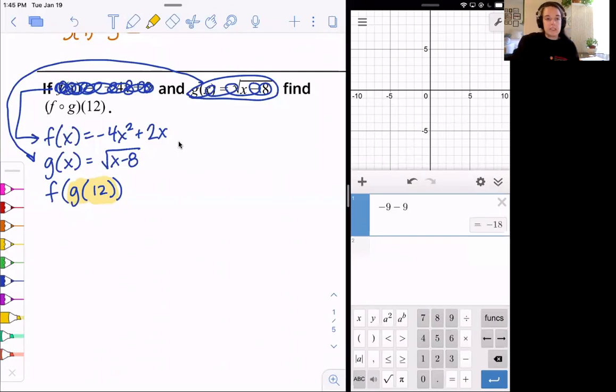Okay, so we're going to start with our g function. Our g function is the square root of x minus 8, right?